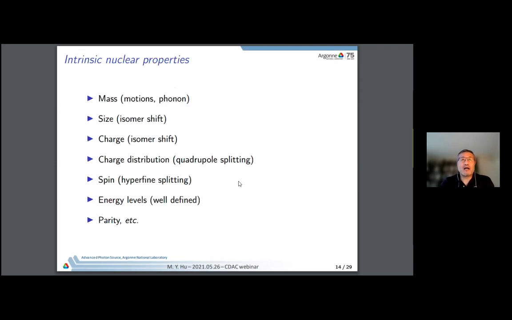So talking about the nucleus, it has well-defined, well-known properties, and it has mass, which is important because all the mass really resides on the nucleus. And the phonons, the internal motion, the vibration of the material, are mostly on the nucleus. So there are things to study, so-called phonons. For example, neutrons directly probe the nucleus.